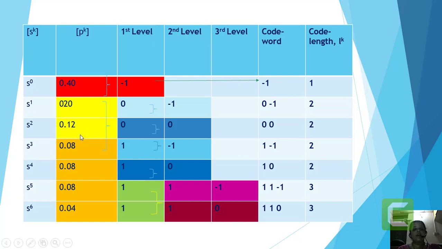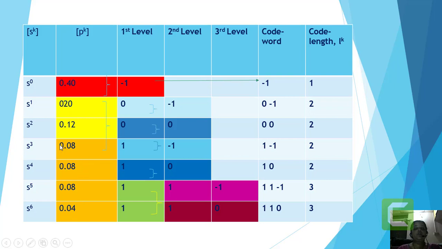So one symbol is 0.08, the second symbol is another 0.08, and the third group has these two symbols, 0.08 and 0.04. You can also consider the two 0.08 as a separate group, making these two groups of symbols one group.